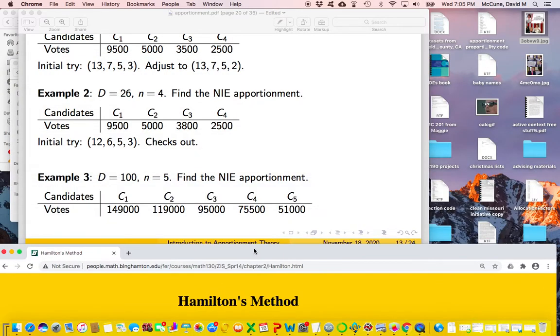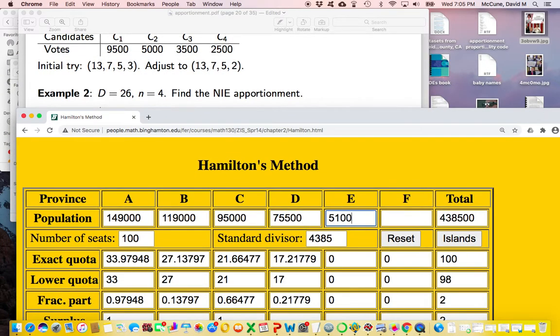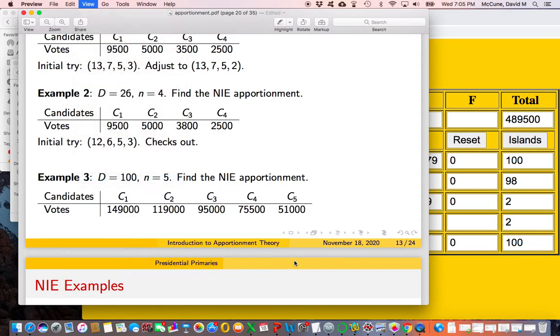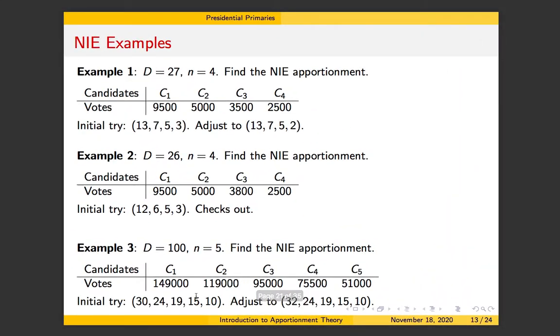You should also be doing this, right, to make sure you can use this calculator. Okay, so now this would become a 30, 24, 19, 15, 10. Everybody gets rounded down when you round like normal. So you would try rounding people down, but now you have an under allocation. And it turns out this adds up to 98. So oops, I handed out 98 delegates. I was supposed to hand out 100 delegates. What do I do with the surplus? Toss them to candidate 1 for coming in first.